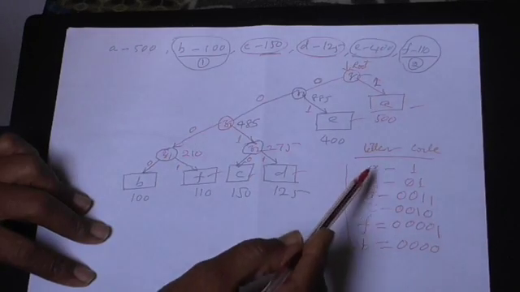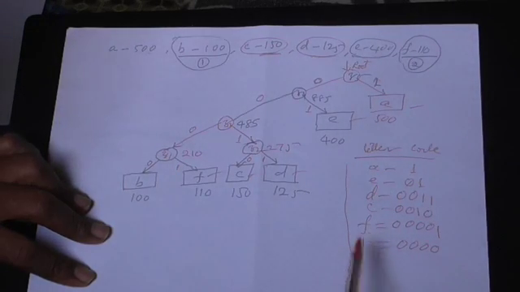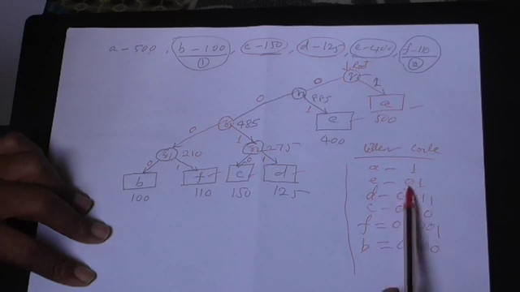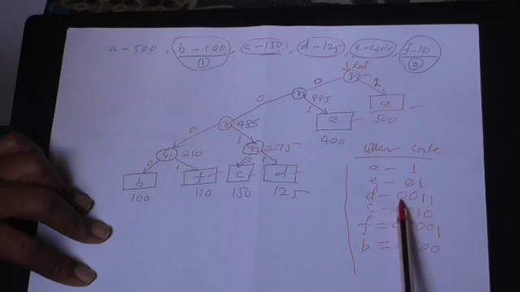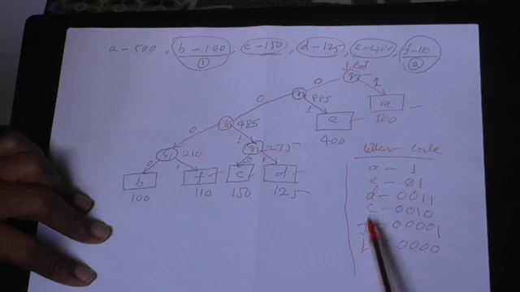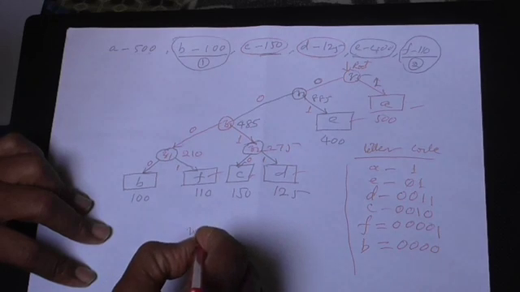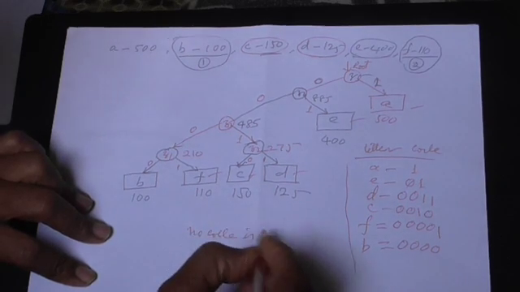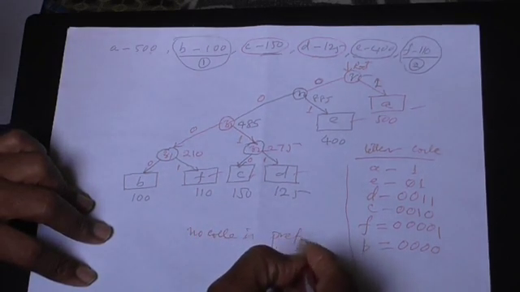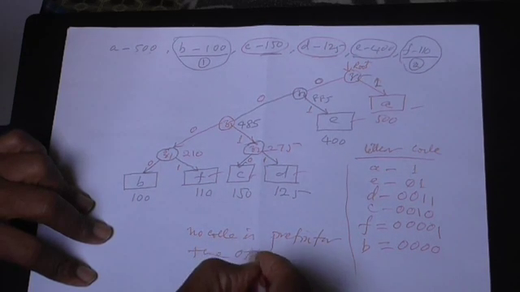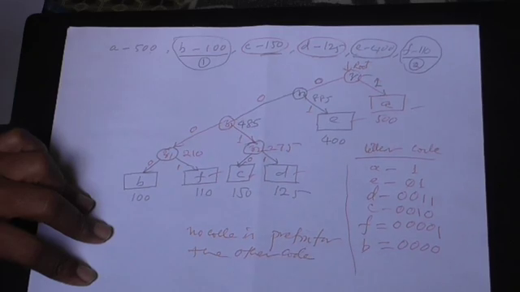So if you observe here, the same letters A, E, D, C, F, B. This is the code for A, the code for E, the code for D, the code for this. And you also observe that no code is a prefix of any other code.